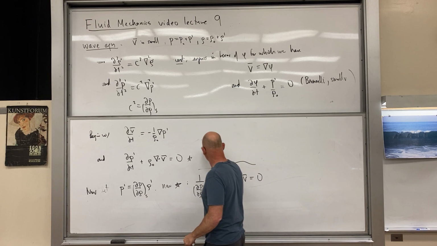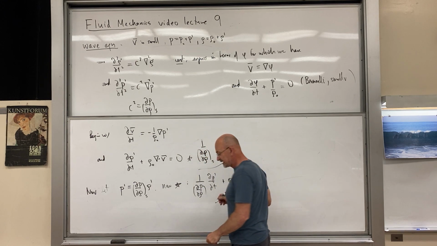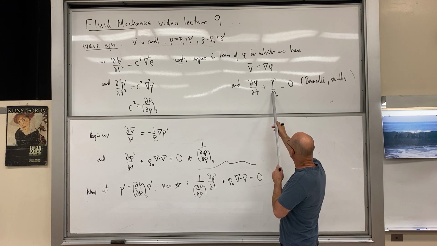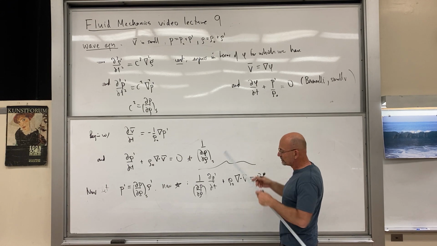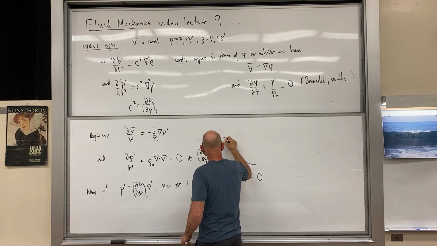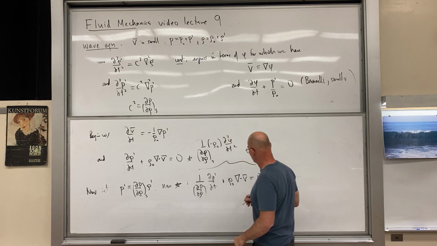So what do we have? 1 over dp d rho at constant s times dp prime dt is going to be minus rho naught d squared phi dt squared.